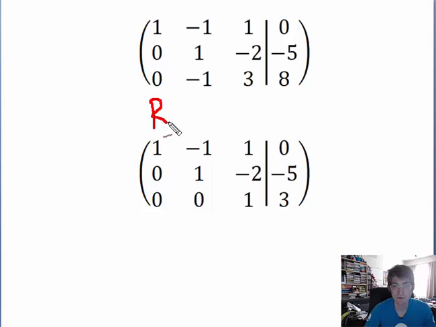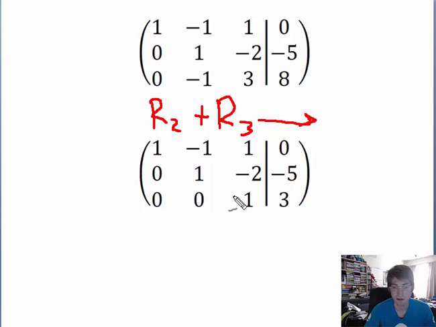If we take row 2 and we add that to row 3, we get 1 plus negative 1 giving us 0, negative 2 plus 3 giving us positive 1, and finally negative 5 plus 8 giving us positive 3.